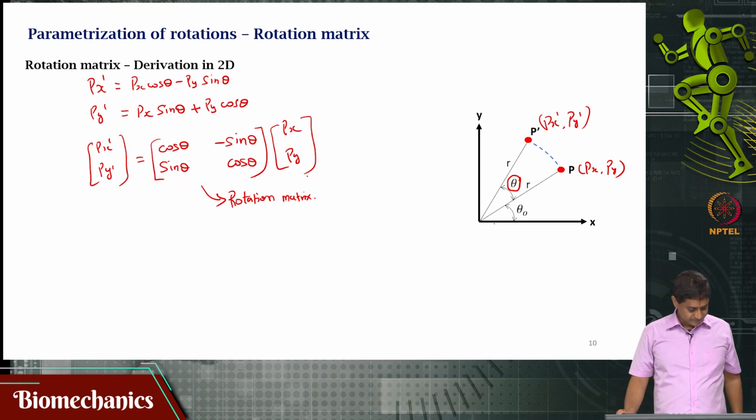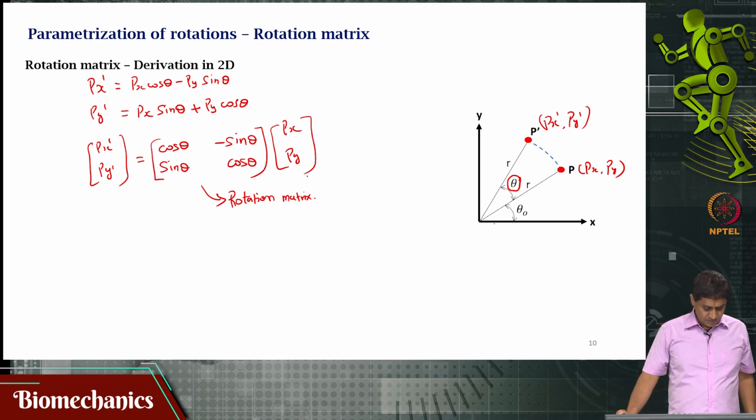This is in 2D. What does this imply? What is the meaning of this rotation matrix? What is the physical meaning? There must be some physical meaning for this, right?